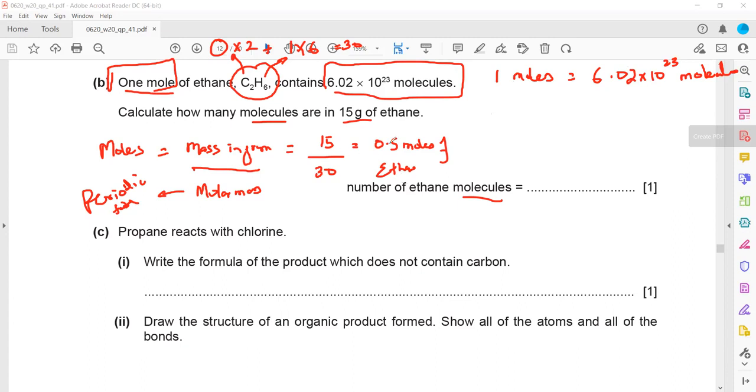So in the question, we have 0.5 moles. If we have half mole, then how many molecules will be there? X. We cross multiply. So 0.5 multiplied by 6 exponent 23 comes out as 3.01 into 10 to the power 23 molecules.